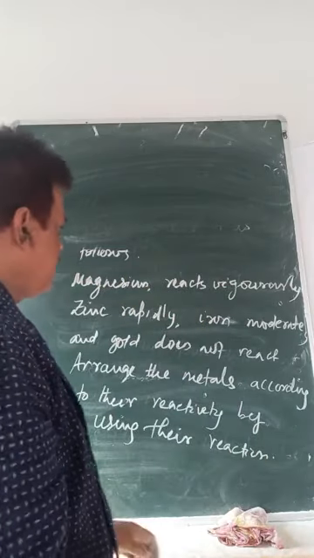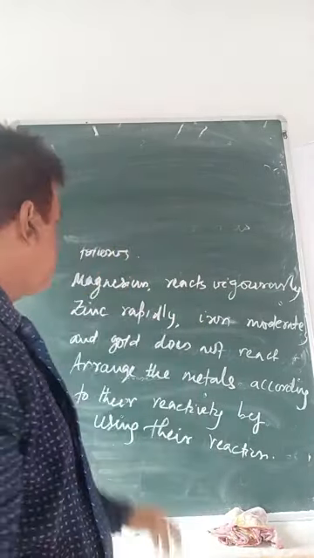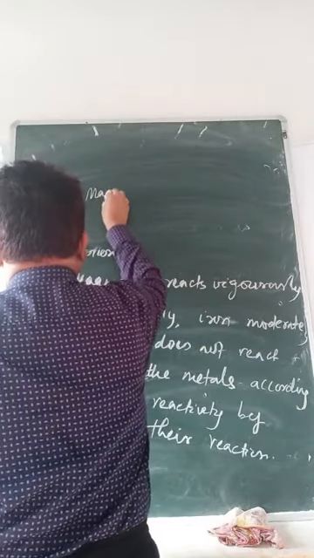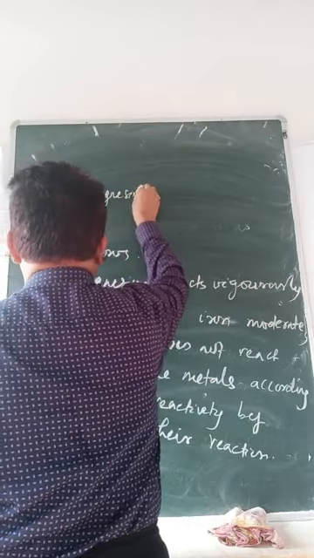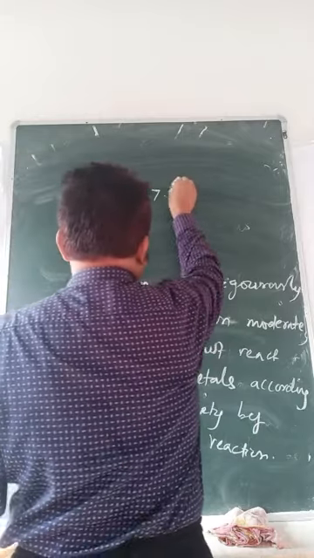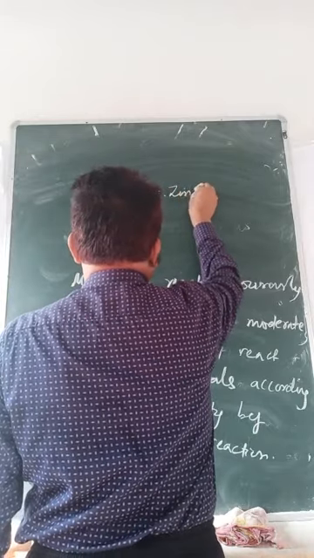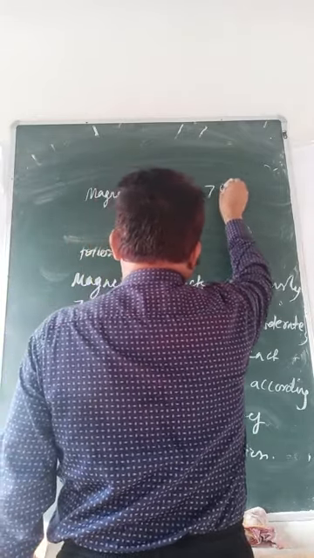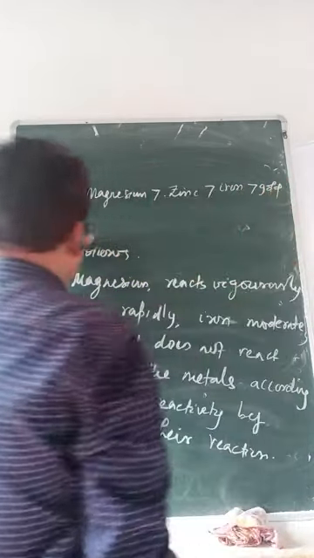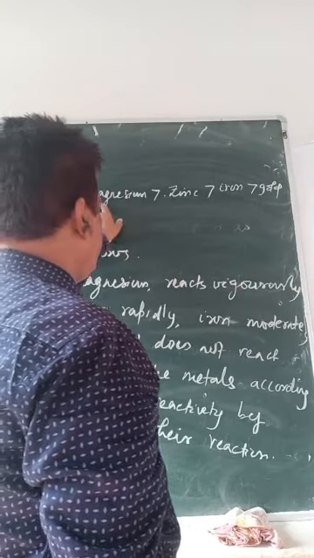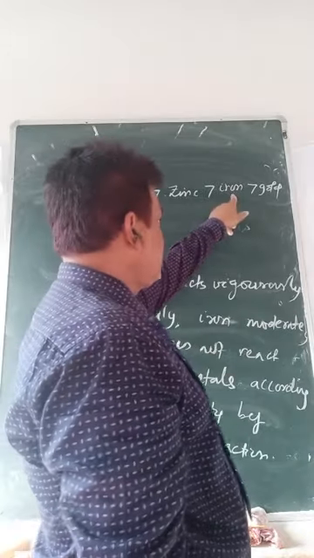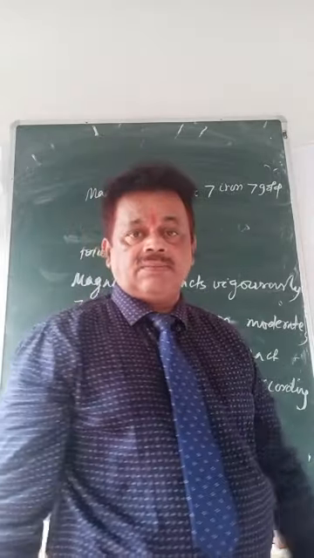So which one is more active here? Magnesium. So right, first is magnesium, more reactive, then comes zinc, then comes iron, then comes gold. Means magnesium is very active, zinc reacts rapidly but slower than this, iron is moderate and gold doesn't react.